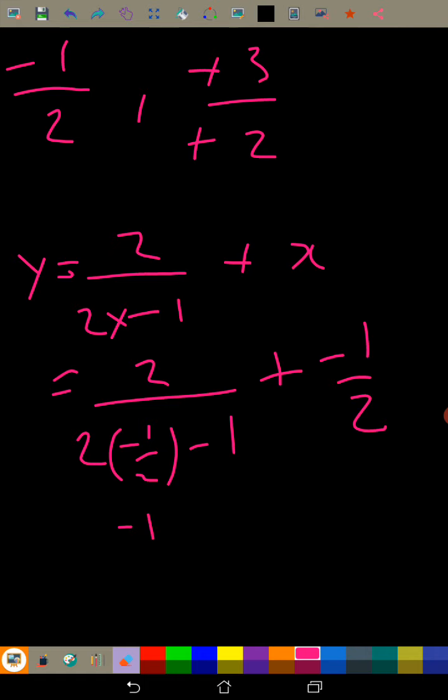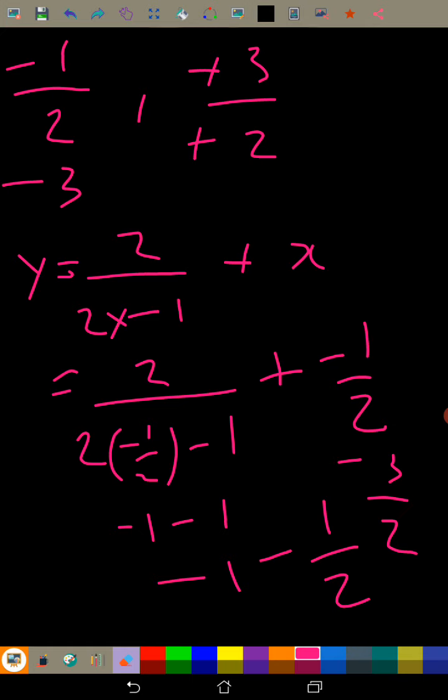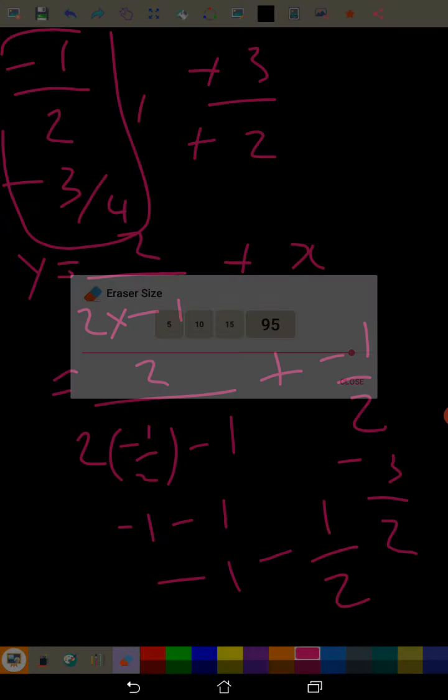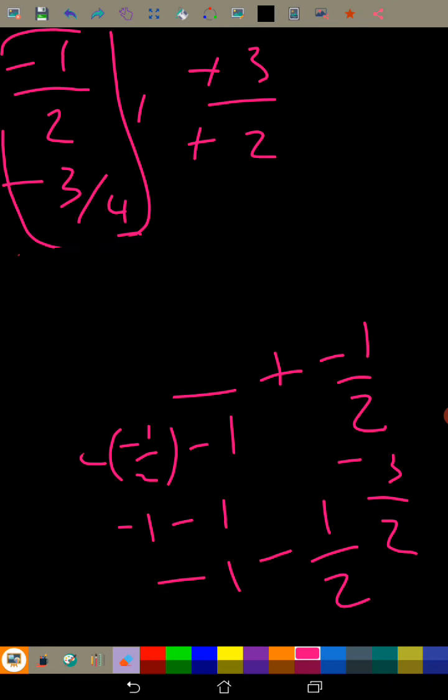This is going to be minus 1, it's minus 2. 2 divided by minus 2 is minus 1, minus half. It gives you minus 3 over 2. So minus 3 over 2 is a correct answer for the y coordinate.